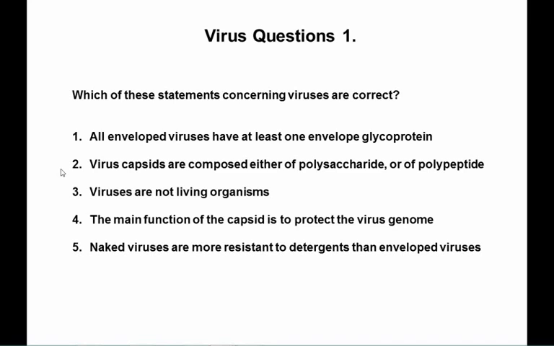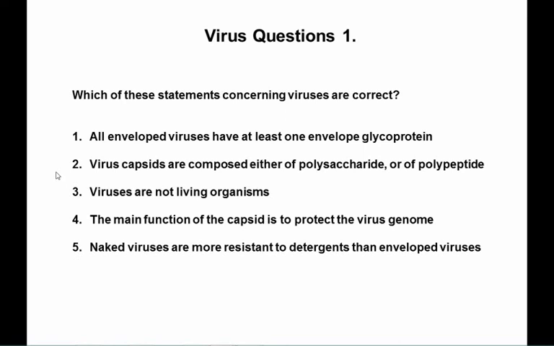Who says no? Most people don't know. Think about it again. Three we'll come back to. Four, the main function of the capsid is to protect the virus genome. Yeah, that's true. You're right. Okay, I'll come back to five later on.